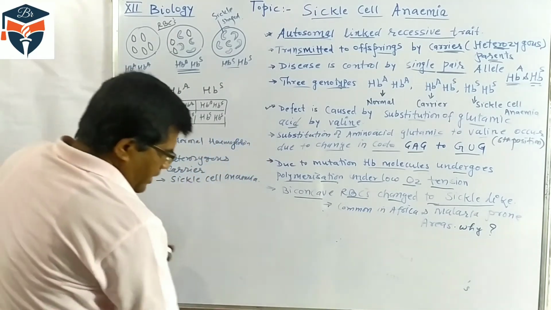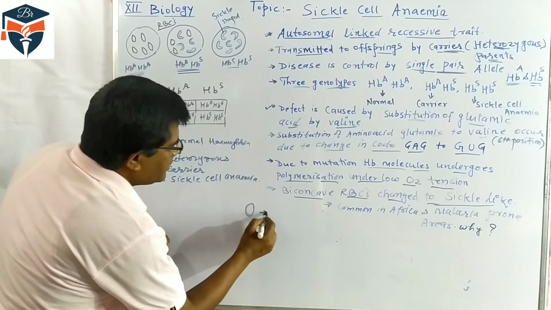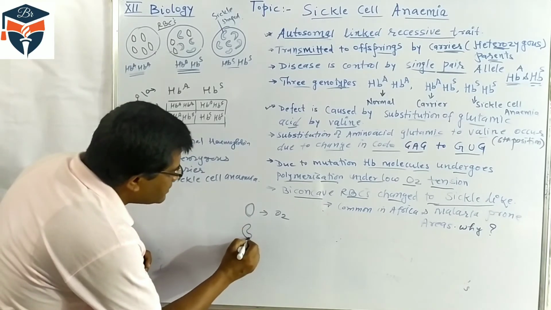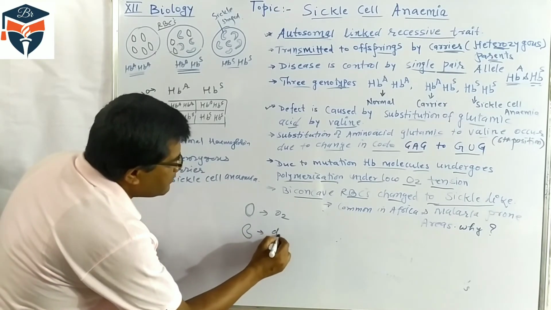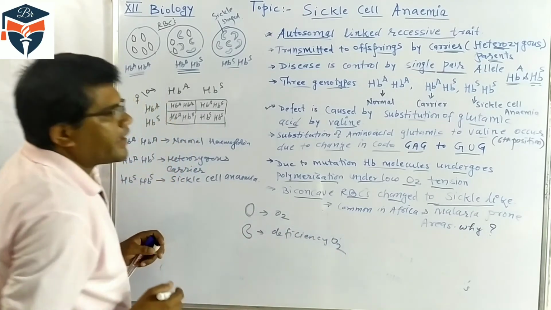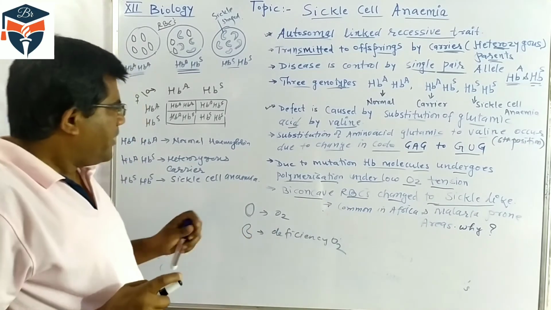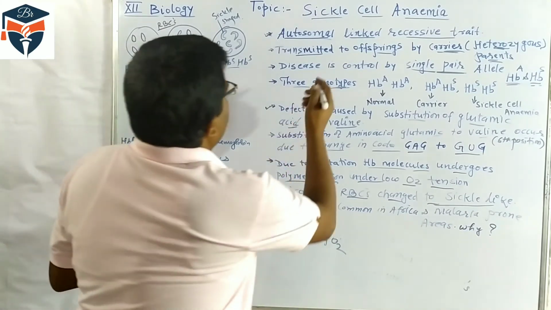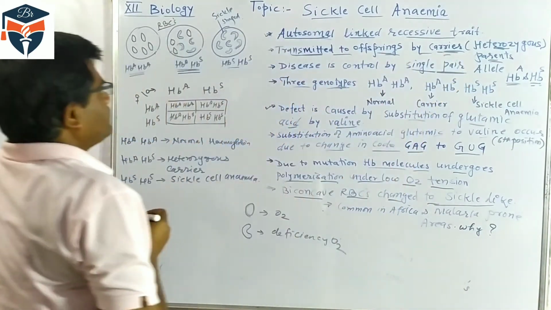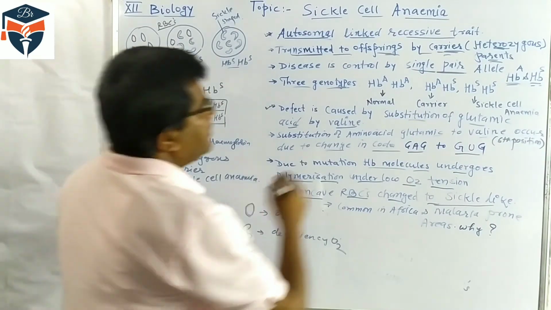This is the reason why the normal RBC is changed to sickle cell type RBC. The normal RBC helps to carry enough oxygen, but if sickle cell type RBCs are formed, then there will be a deficiency of oxygen; the capacity to carry oxygen will be deficient. Now, one point I told you earlier: it is transmitted to offspring by the carrier, the heterozygous parent.